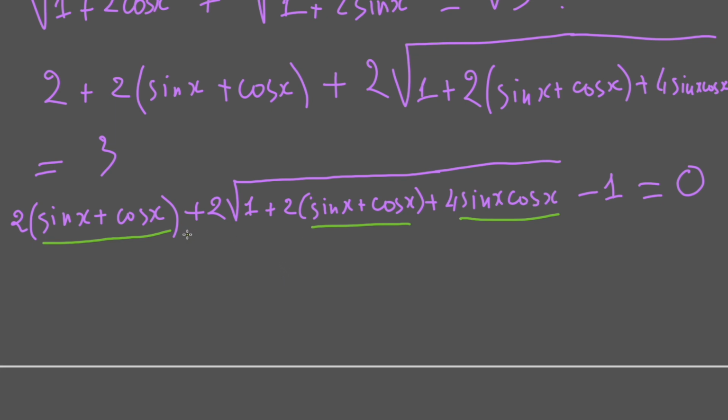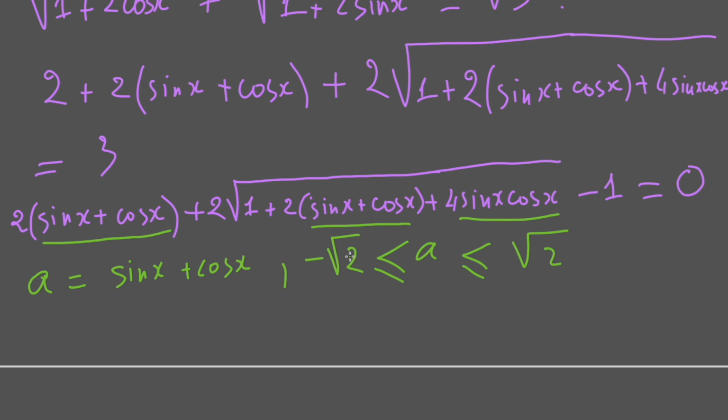Then we can remember the substitution: let a equal sine x plus cosine x, where a is smaller than square root of 2 and greater than negative square root of 2.